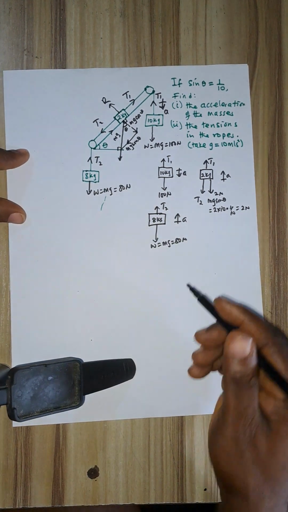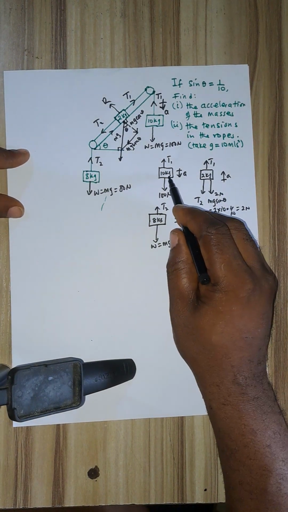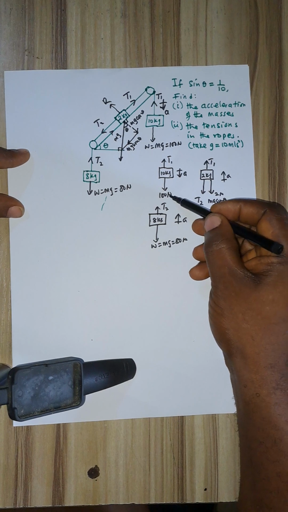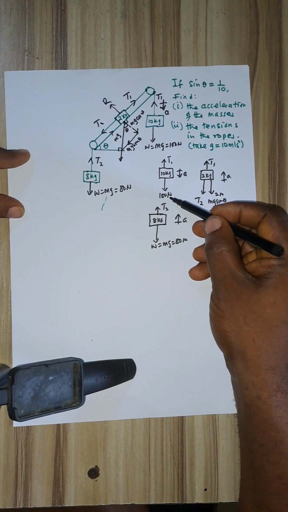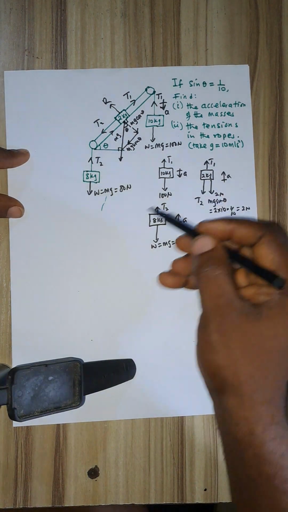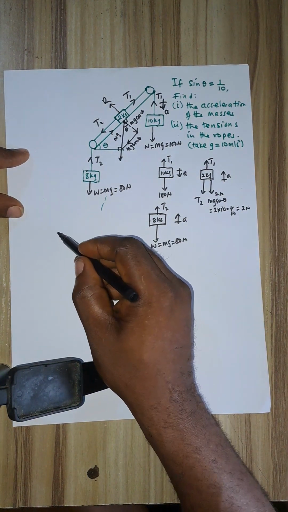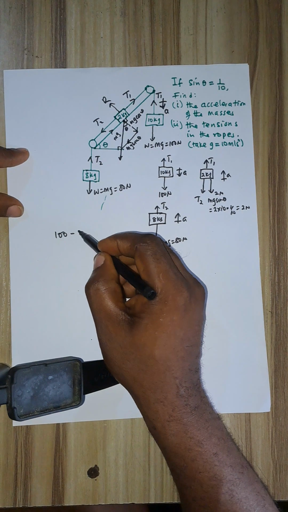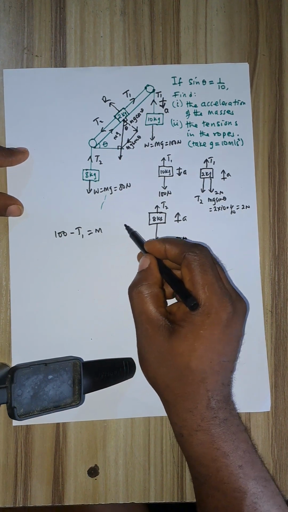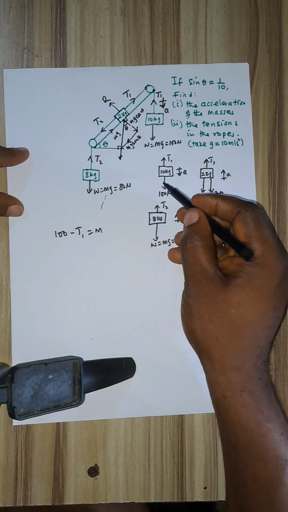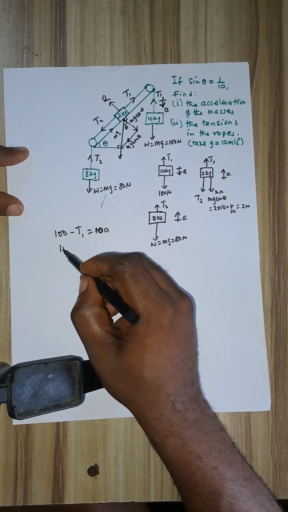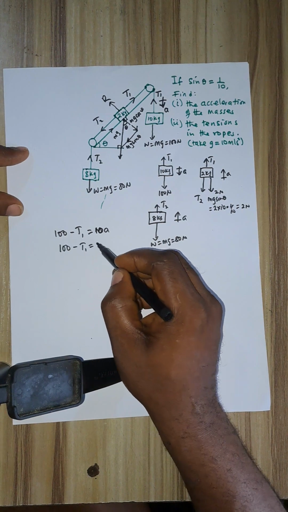Now we take them one by one. With respect to this 10 kg mass, because motion is towards the direction of action of the 100 Newton weight, the net force responsible for the motion is, you remove the tension T1 from it. That gives us equal to the mass multiplied by the acceleration. The mass is 10, times the acceleration, 10a. So we have 100 minus T1 equals 10a.